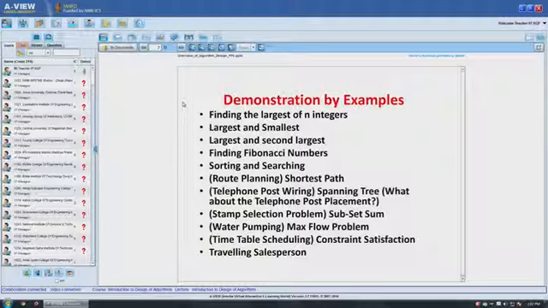So, the approach to design of algorithms is to demonstrate each of these by examples. We have shown the largest of n integers, the largest and the smallest as I just said. Then we have seen a very unique example of the largest and the second largest. And we built that up by building what was called the tournament comparison structure. If you watch the videos of those lectures, especially the first lecture, and I do not want to repeat it here, you will see how we build up that tournament structure.